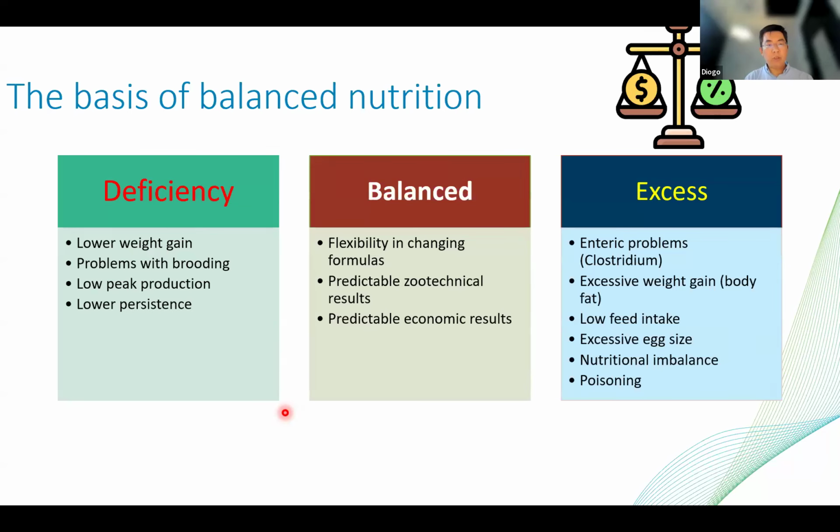In each situation, we already know the effects of, for example, deficiency. We can have lower weight gain, problems with brooding, low peak production, lower persistence of production.